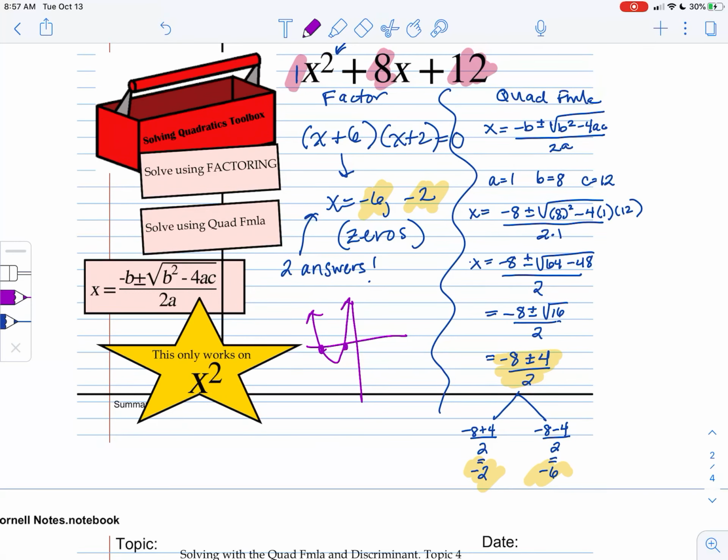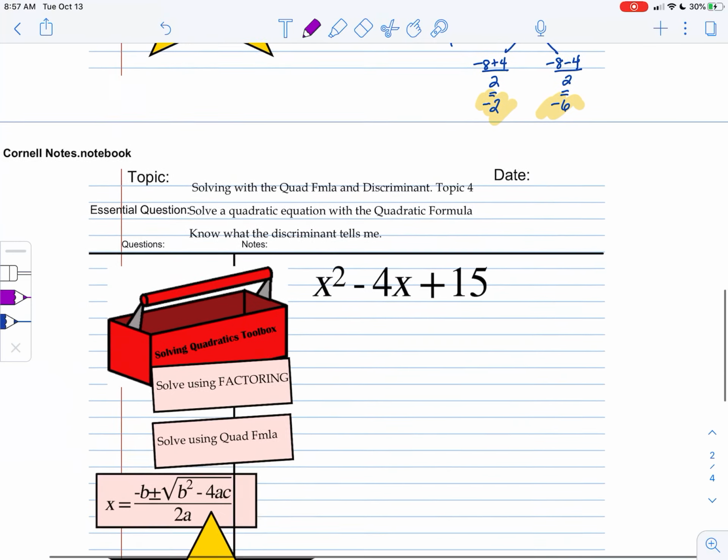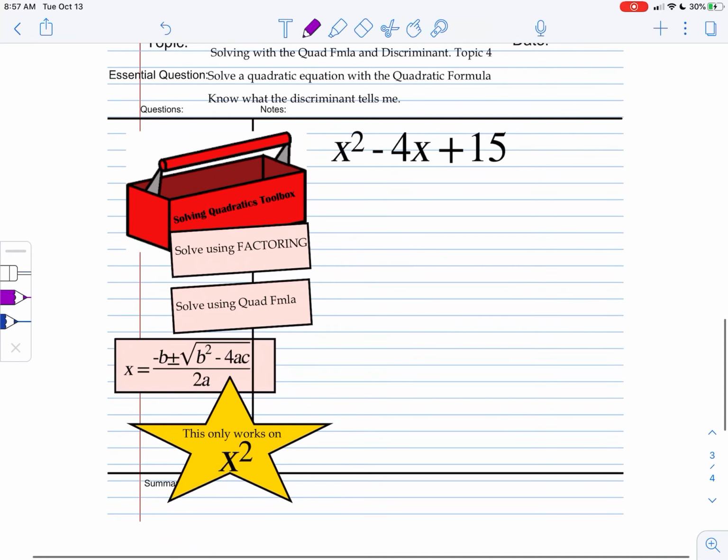So why do I have an option? Well, there are times when it doesn't work to factor. So in my little solving quadratics toolbox, I put solve using factoring. That's always my first choice. I look here and I think, can I factor? Factors of 15 that add to negative 4. I cannot think of one. All right, so I'm going to have to solve using the quadratic formula.